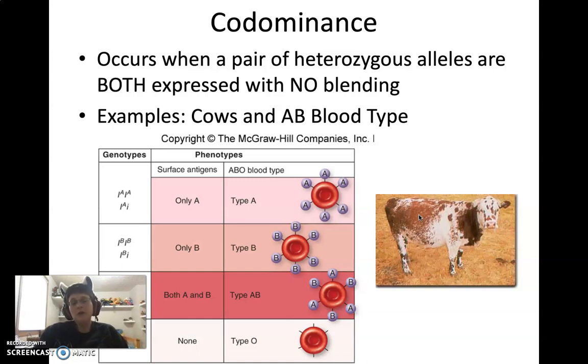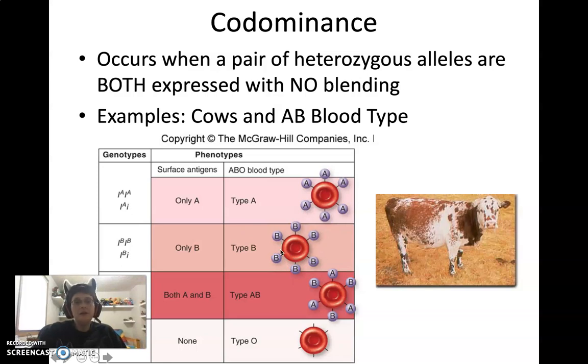Another example of codominance, kind of like the plaid, in humans is our blood types, specifically the AB part of our blood types. If you look here, we've got people who have type A. A is just referring to these little flags. These are protein flags that identify those blood cells as being your blood cells.